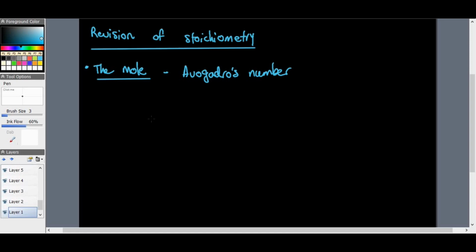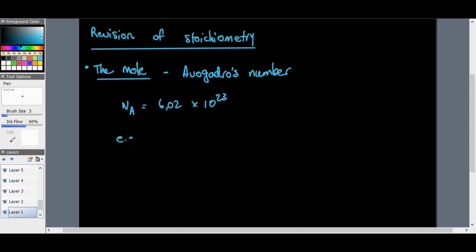Avogadro's number, with the symbol Na, is equal to about 6,02 or sometimes 6,023 times 10 to the power of 23, because 1 mole of a substance contains a fixed amount of particles. This is the amount of particles found in 1 mole.